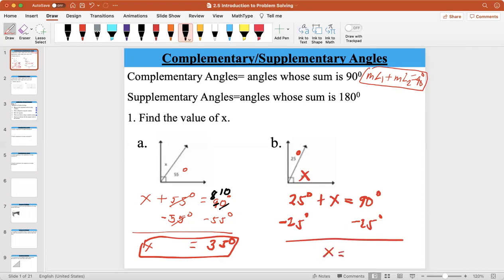You get to cancel 25 minus 25, 0. 90 minus 25. We cannot subtract 90 by 25 yet, so we have to do regrouping. By regrouping, 0 is now 10, 9 is now 8, 10 minus 5, 5, 8 minus 2, 6. So you have 65 degrees.